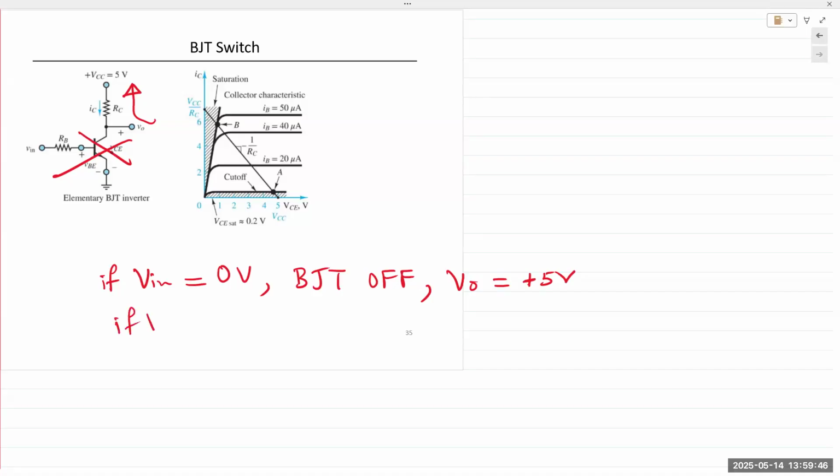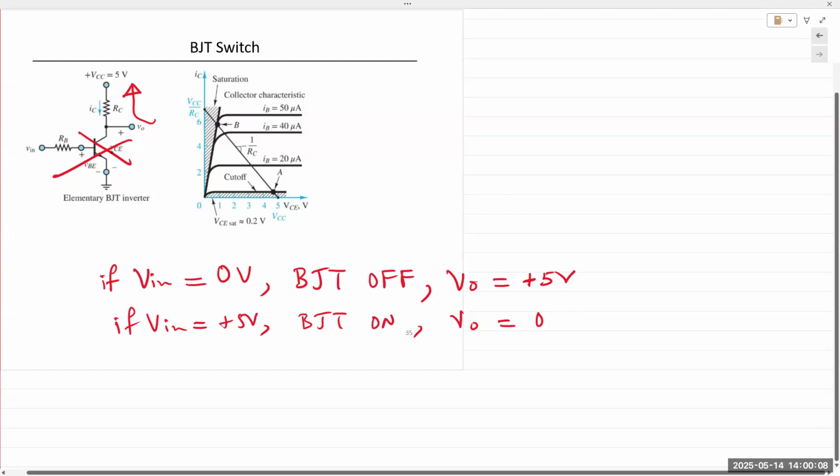If Vin is turned on, meaning plus 5 volts, or any other logic high level, the BJT turns on. What happens to VCE? It drives it into saturation. VCE sat is 0.2 volts, and 0.2 volts is considered to be logic low.